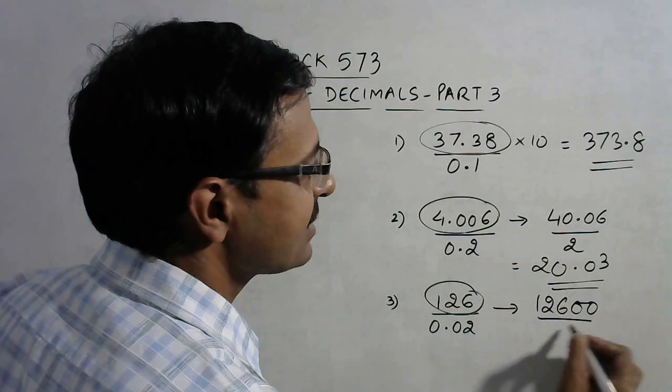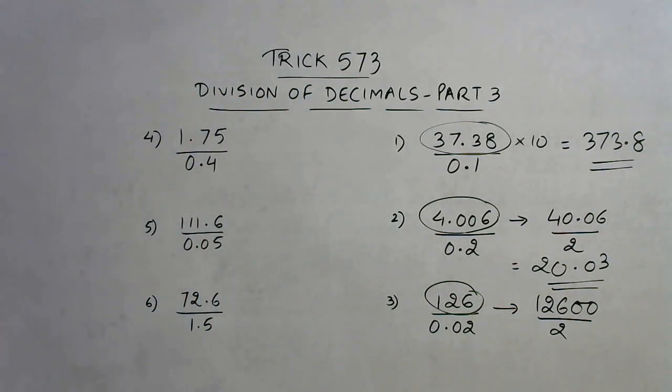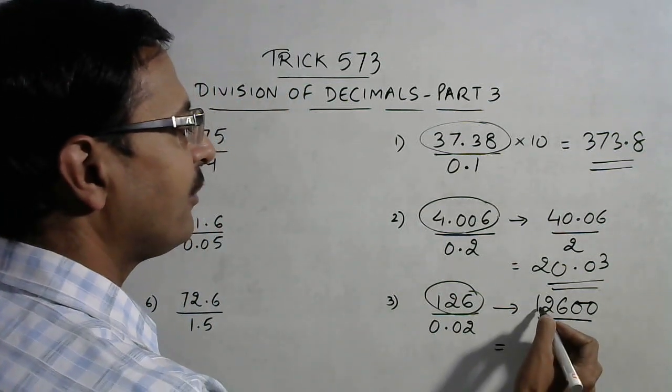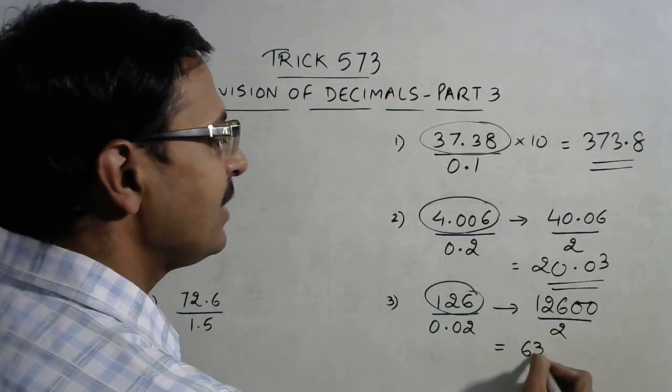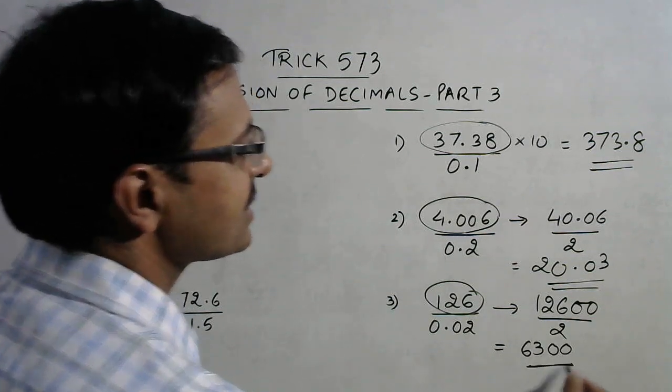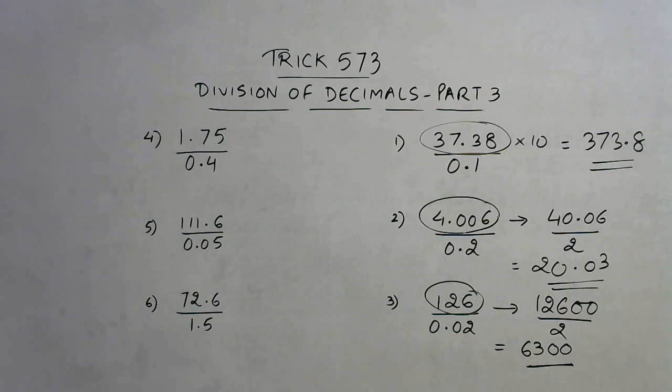So just divide this result by 2. You are going to get your final answer for the question. Half of 126 is 63, and the answer for the question is 6300.